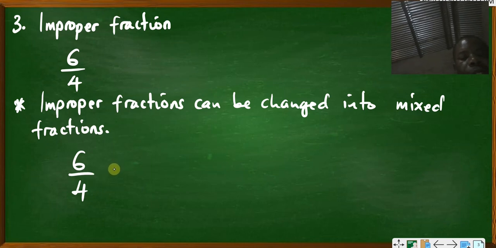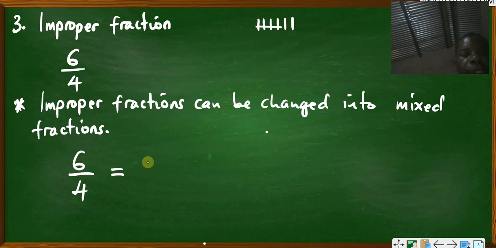How do we change? You just divide, like 4 into 6. How many times can it go there? Once. Okay, like here, if I say I have 1 2 3 4 5 6, how many 4s are there here? I'll count 1 2 3 4. So I have one 4 there. So you say how many 4s are there? 1. You write it like that.